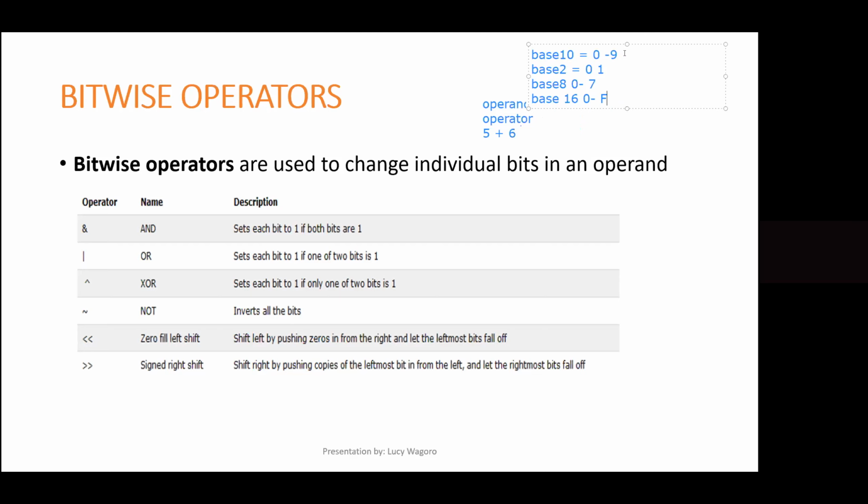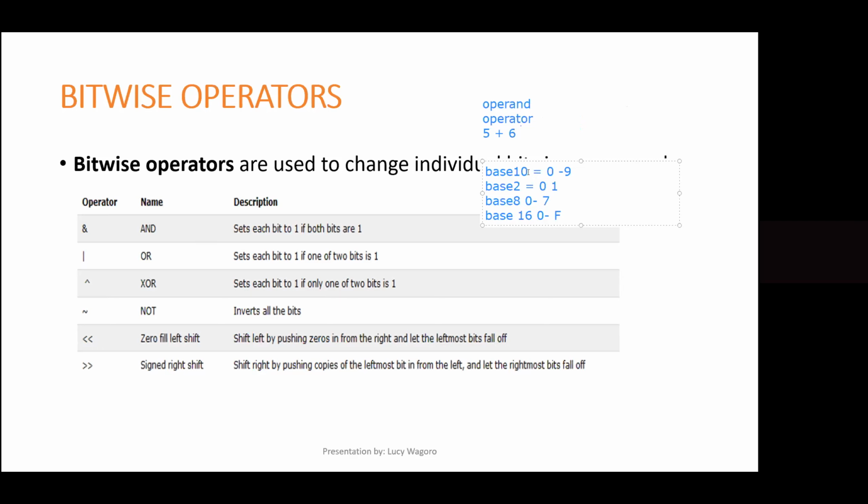I'll do a little conversion between base 10 that we know and base 2, but I'll just use the very simple ones, because otherwise you will not be able to understand what bitwise operators do. We can always do a conversion between all these.